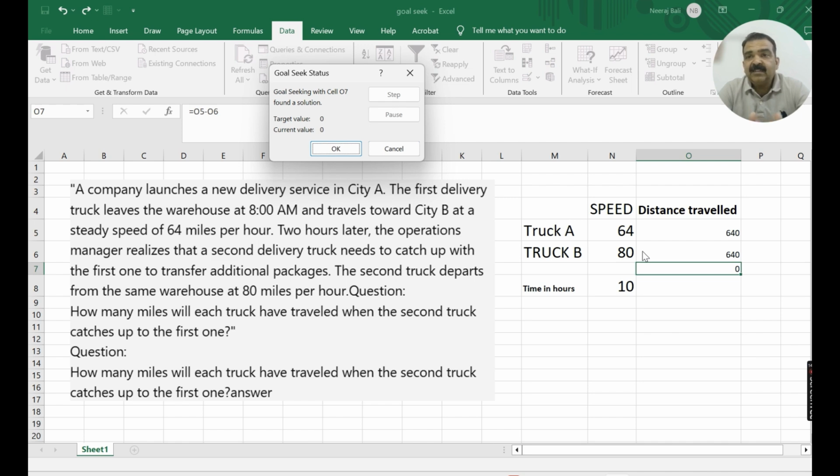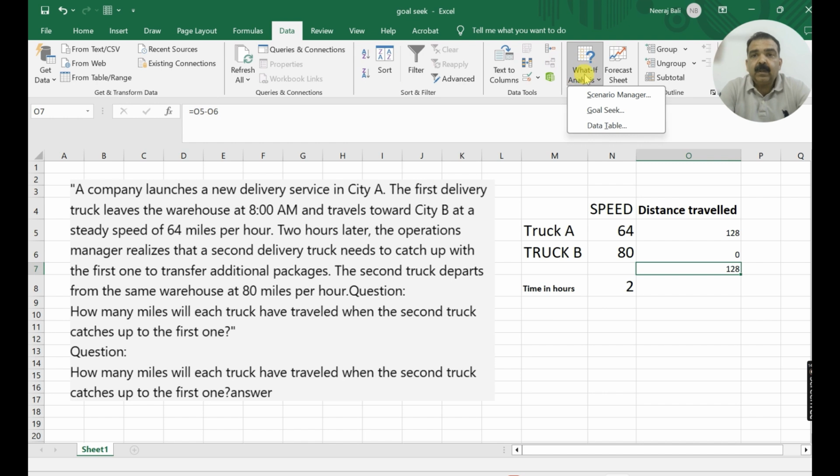Under what-if analysis, goal seek can be used to find solutions to problems by modeling the data. And similarly, in the last video I gave you an example of data table under what-if analysis.